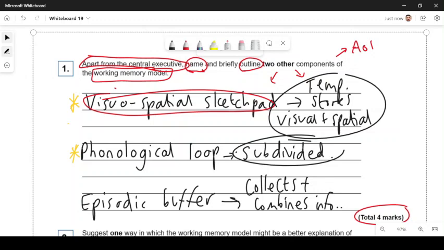So the mark scheme, when you see it, which I will make reference to in a second, is going to let you talk about other components that are kind of subdivided. So if you did talk about the articulatory loop, technically that is a component of it. However, I would suggest these three being the main components.